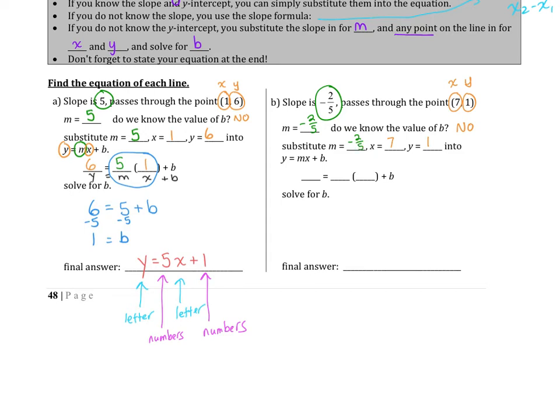So at this point, what you do is you substitute in all the numbers except b, of course, because we don't know what b is, so that we can solve for b.